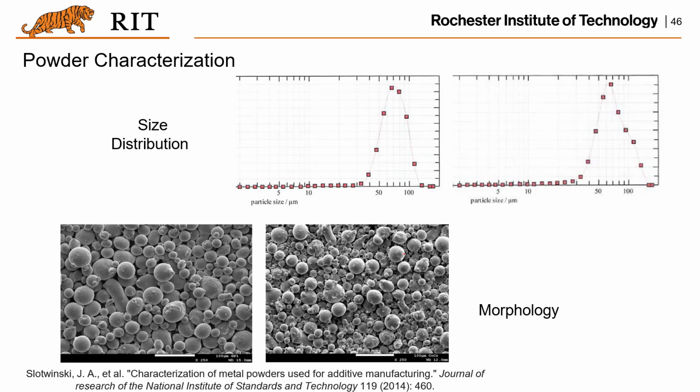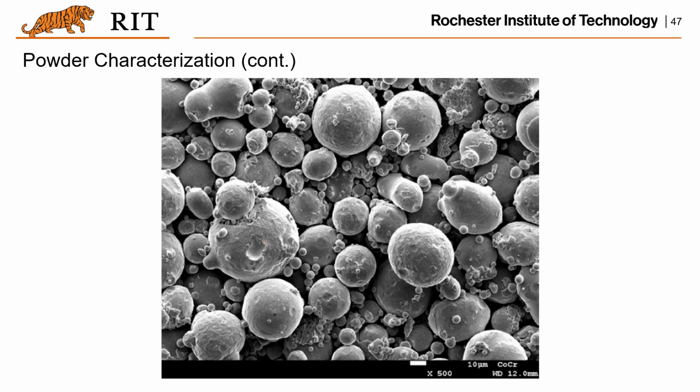Another thing is the powder. Definitely, you want to have a nice powder. For the powders, what is desired is more like the perfect sphere is better. Something like this blob shape, which is an irregular blob shape, is undesired for the building.